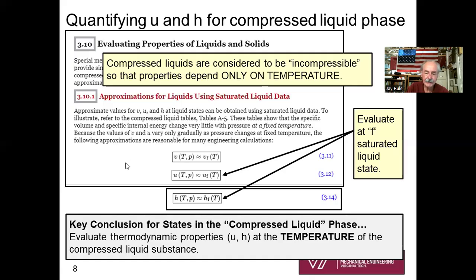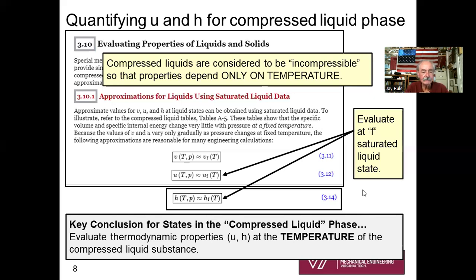So if you have a compressed liquid like tap water, and you know the temperature of that tap water, all you need to do is go back into your temperature table and look up U sub F or H sub F. That's important, and a lot of students get tripped up on this. And that's why I'm including this. This is a subtle point about compressed liquids.